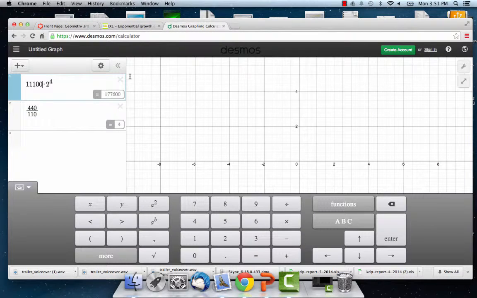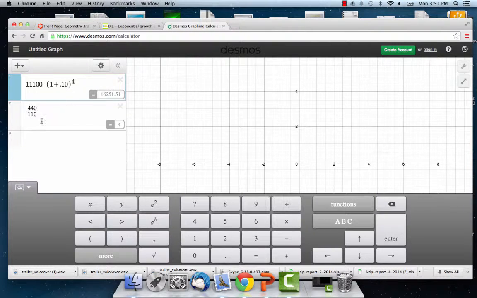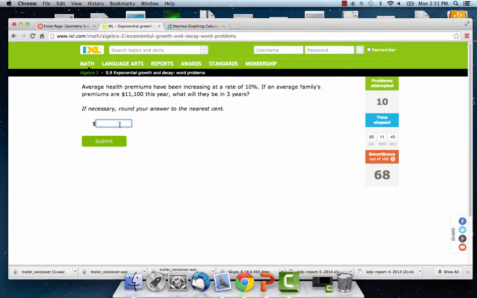So increasing means 1 plus, and then it's a rate of 10, I think it said. So 0.10, yes. And 3 years. So 3 over 1 is what we put down there, so 3. 14,774.10.